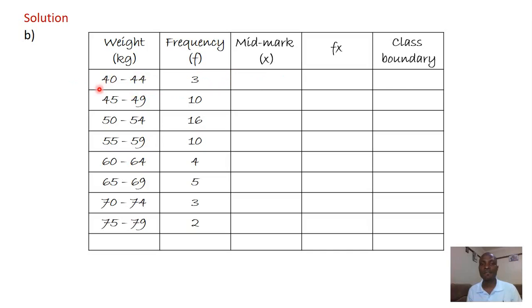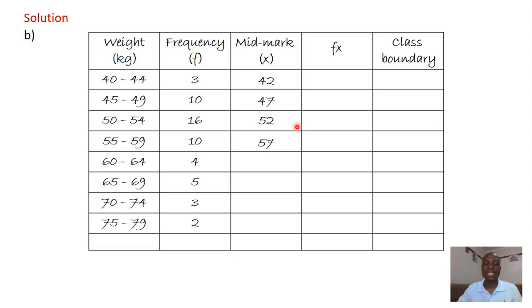by 2. So we shall have 40 plus 44 divided by 2, which gives us 42. And then we shall have 45 plus 49 divided by 2, that's 47. Then the next is 50 plus 54 divided by 2, that is 52. Next is 55 plus 59 divided by 2, that is 57.